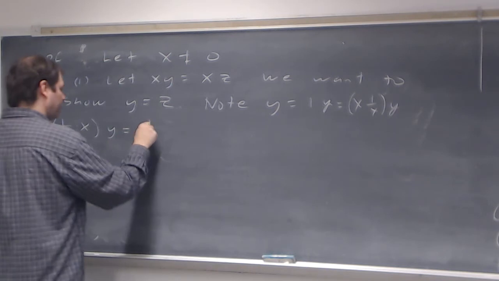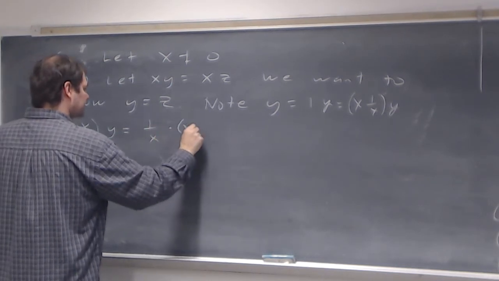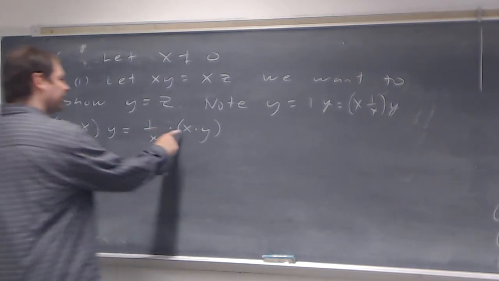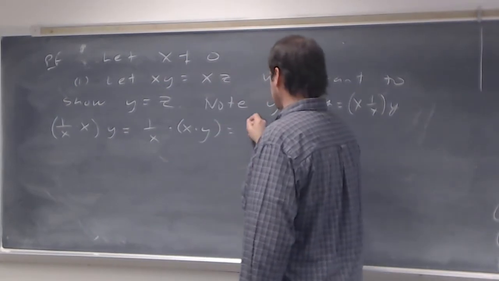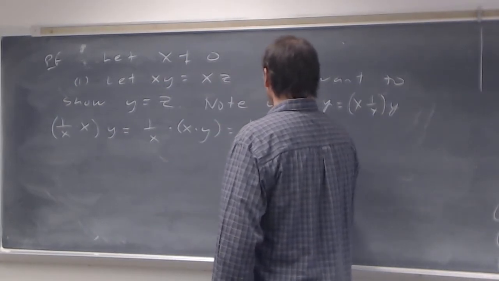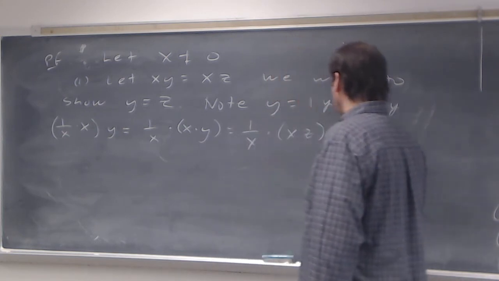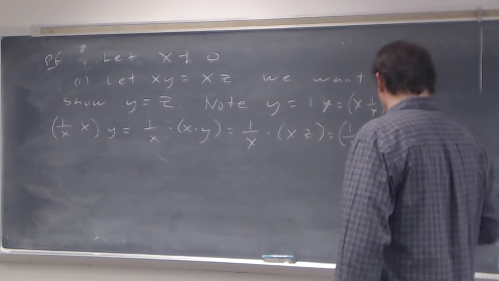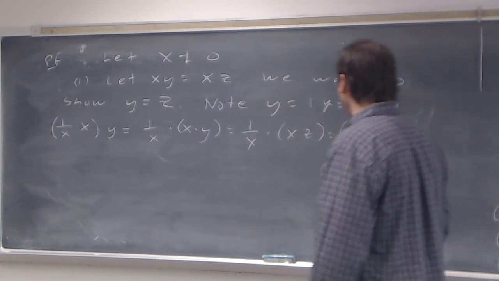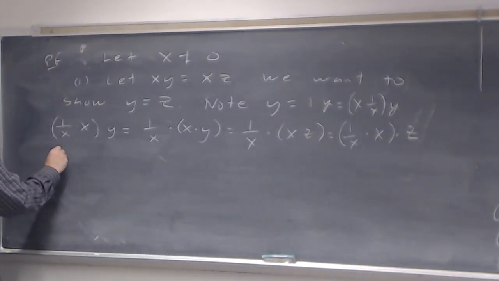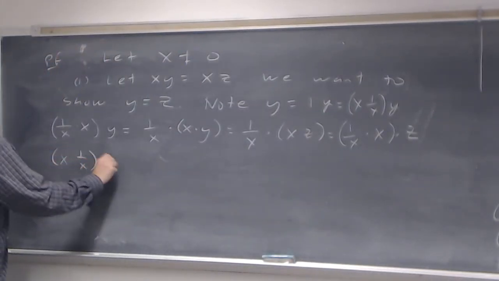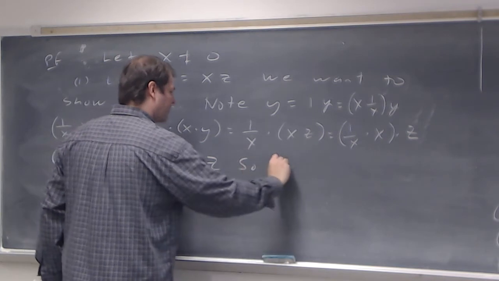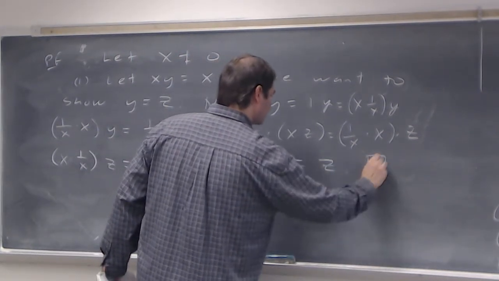Then we'll reassociate: 1 over x times x y. But I can substitute in for x times y what it's equal to, which is x times z. So 1 over x times x z. Reassociate to get 1 over x times x, all that times z. And then commute to get x times 1 over x times z, but that's equal to 1 times z, which equals z. And so we have y equals to z, and that's what we want to prove.